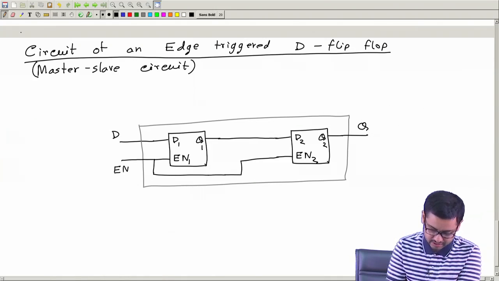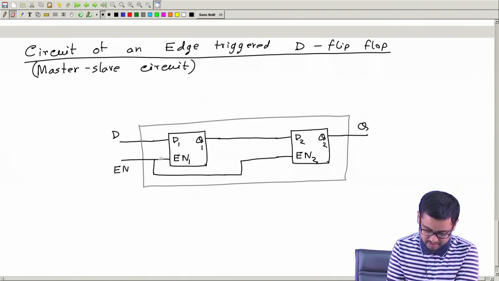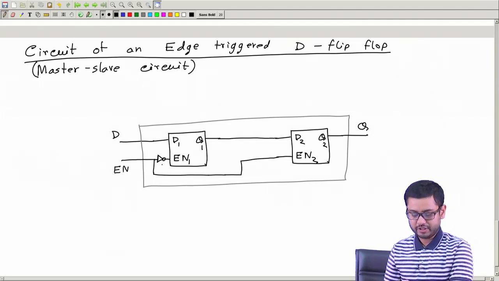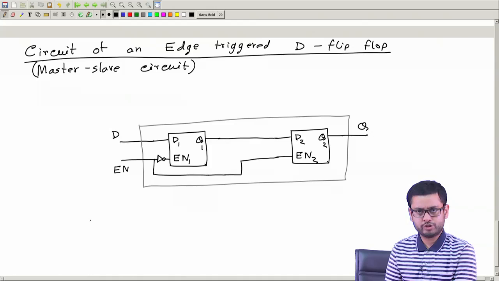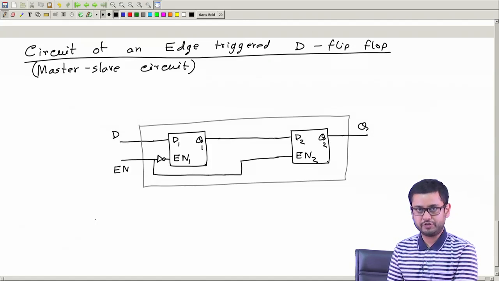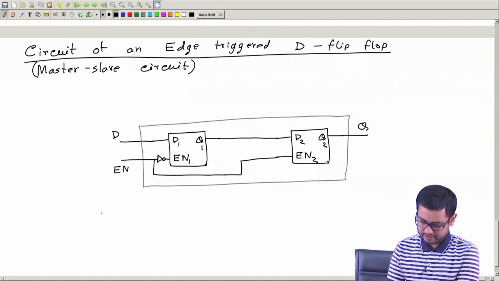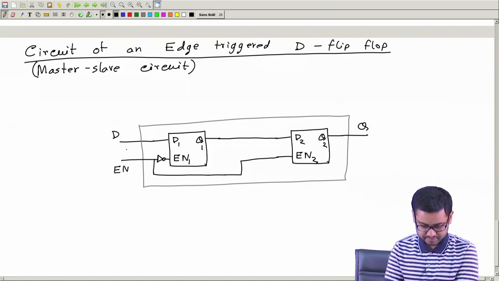I connect it here and put the inverter, the NOT gate here. So, this is a NOT gate. Both will work. One of them will work as a positive edge triggered circuit, another will work as a negative edge triggered circuit. Let us see how this one works.